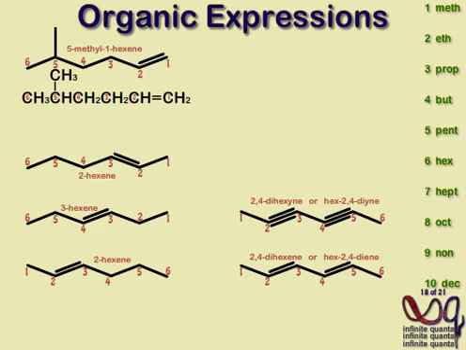Now sometimes you'll see branches in parentheses in the condensed form. That would look like this. You have to concentrate and see this CH. You know that there are 3 other carbons attached to this CH: this carbon before it, this carbon after it as a branch, and this carbon after it as the end of the chain.